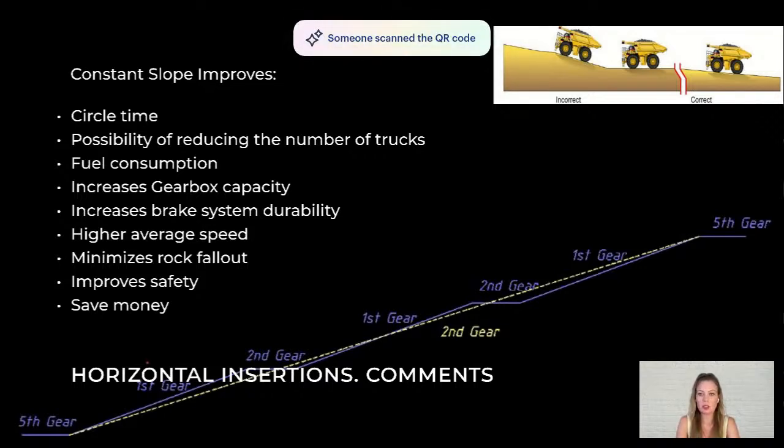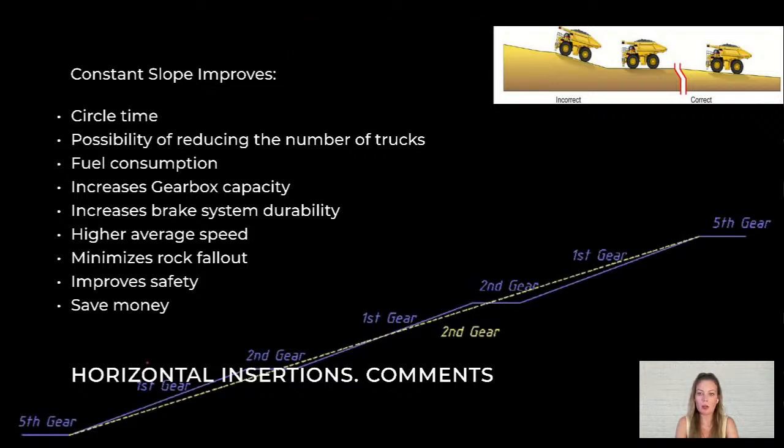Additionally, horizontal inserts increase the risk of rocks falling from the vehicle body when moving onto and off the sections. Horizontal inserts can also increase the cycle time for each vehicle, reducing their operational efficiency. And this leads to higher fuel costs and decreased gearbox lifespan, which is an expensive component to replace.